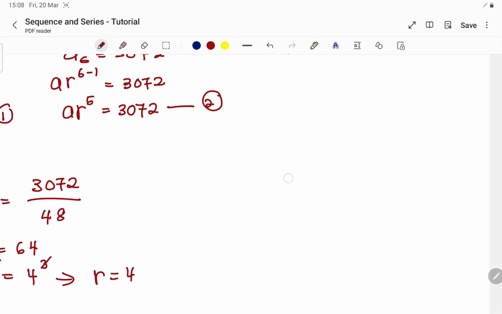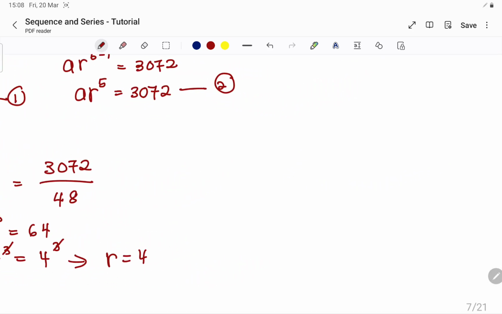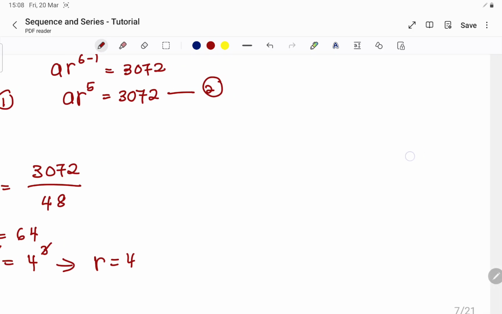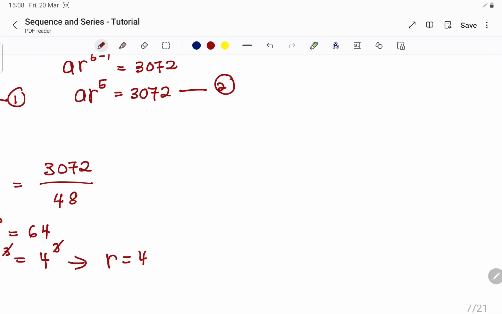So what you have to do is just substitute the value of R equal to 4 into any equation that you have there, either equation 1 or equation 2 that you want. Okay, so you substitute R equal to 4 into equation 1. So you have equation 1 is A R to the power of 2 equal to 48, right? Then you substitute R equal to 4 here.